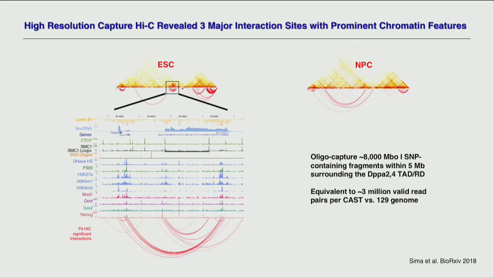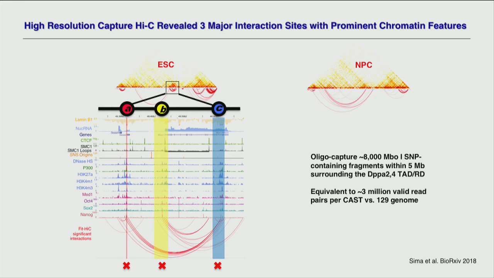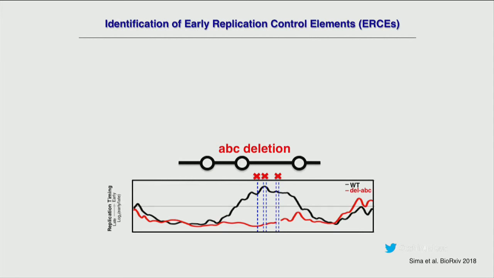And what's more interesting is that they seem to correspond to regions that have a lot of active chromatin marks and chromatin features. So the obvious next step is to delete all these 3 sites and see what happened to replication timing. So here you go, the result. The black is wild type, and the red is the triple deletion, deleting all these 3 sites.